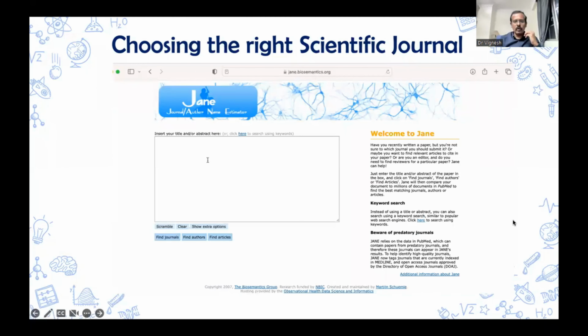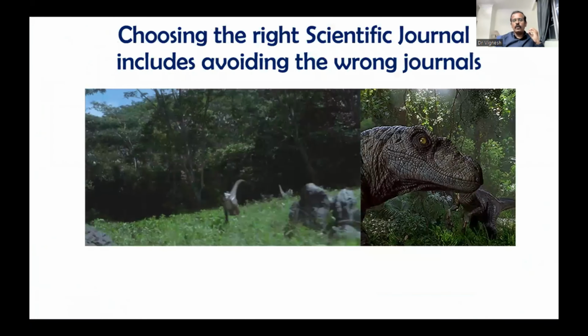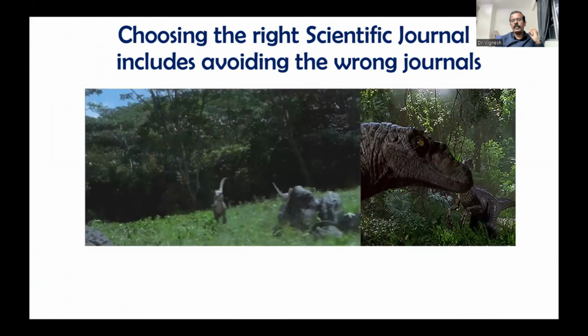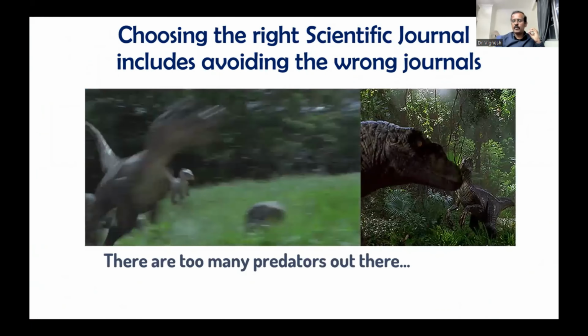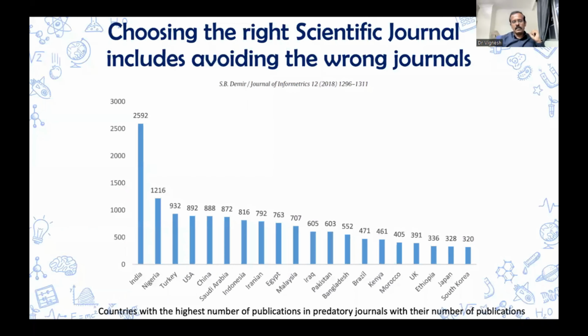While talking about choosing the right scientific journal, it becomes very important to address the journals which have to be avoided, because of the too many predators out there. This is just to give you an idea that our country has the highest number of publications in predatory journals, which is very sad.